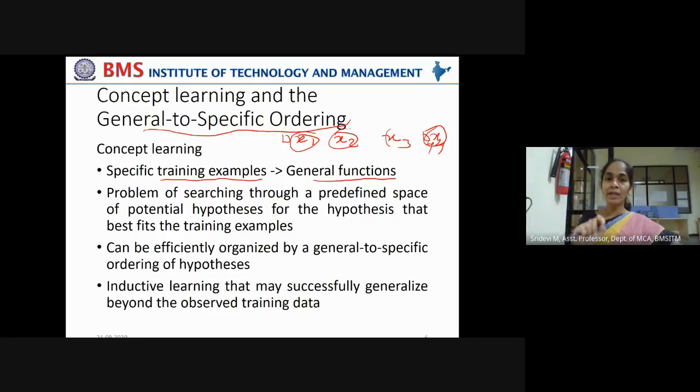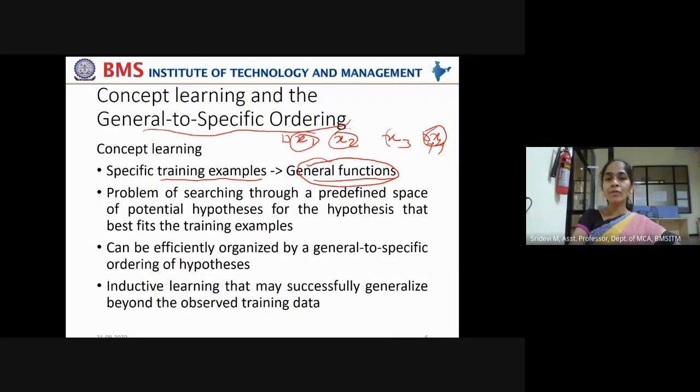But when I am trying to make a machine predict, forecast or classify something, I have to represent it mathematically. I can't give it general statements, right? So I am changing my wording here from general statement to general function. It has to learn a general function by going through the specific training examples.